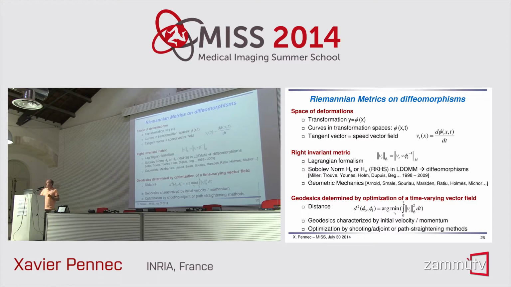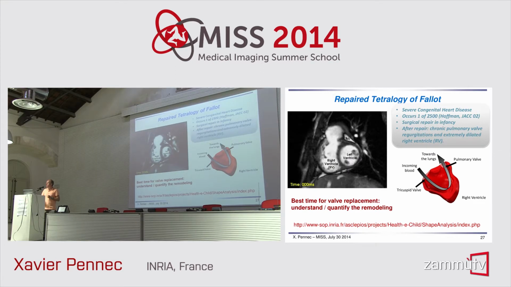Okay, so if we use that step, then we can encode the deformation of shapes, and here we're interested in the shapes of the right ventricle in tetralogy of Fallot of the heart. Normally the left ventricle is much larger than the right one. Tetralogy of Fallot is a combination of diseases that has to be corrected by surgery very, very early, but there is some regurgitation from the pulmonary artery, so the right ventricle has an enormous work to do to push the blood into the lungs.